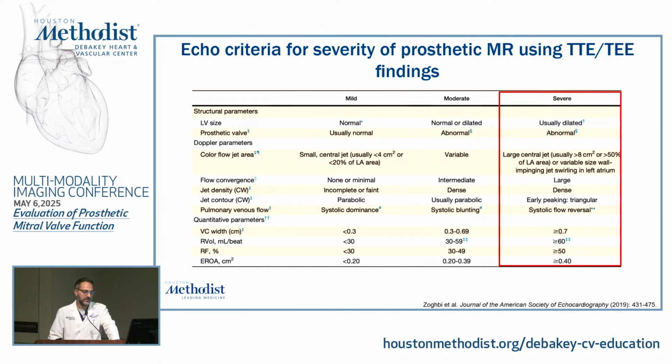Obviously, systolic flow reversal, and then the quantification, 60 mLs, 50%. Be careful with that 60 ml, 50%, because it doesn't always apply, especially if you have low flow conditions, right? So in low flow, rely more on the fraction, whereas in high flow, primary MR, rely more on the volume.